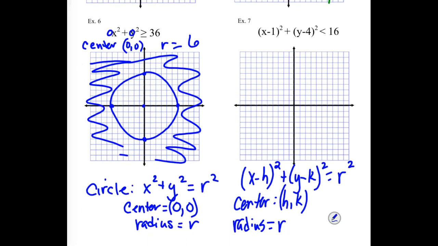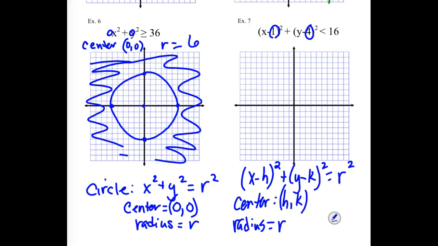All right, so based on this equation, x minus 1 squared, which way did we move it? Right 1? So we went right 1. Y minus 4, we moved which way? Y minus k, what's the k value? k is 4, h is 1, yes?